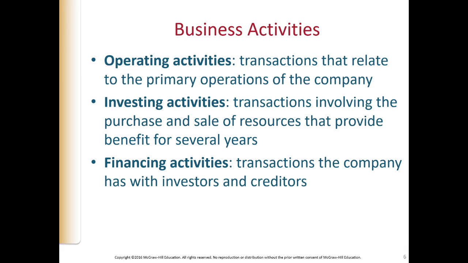Then the third one, financial or financing activities. These are transactions the company has with investors, stockholders, the owners of the company, and creditors, the lenders. These three activities will be more apparent, and we'll cover them in more detail in the chapter later on about the statement of cash flows.